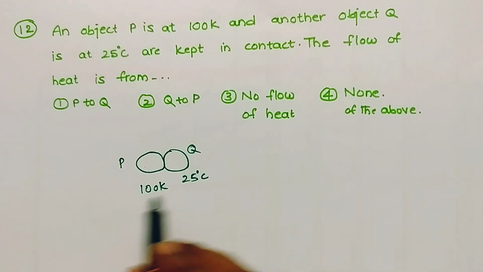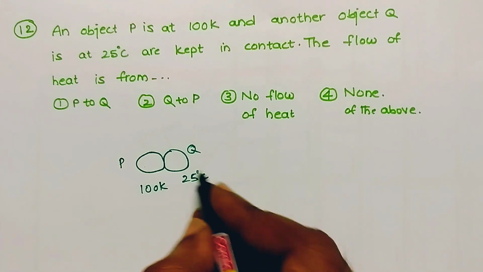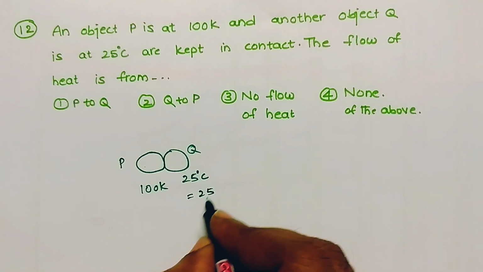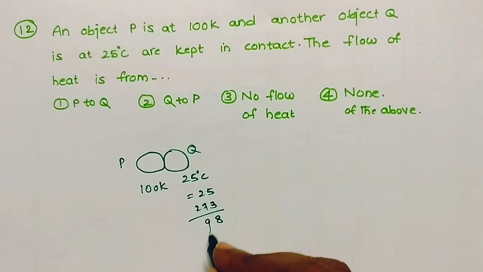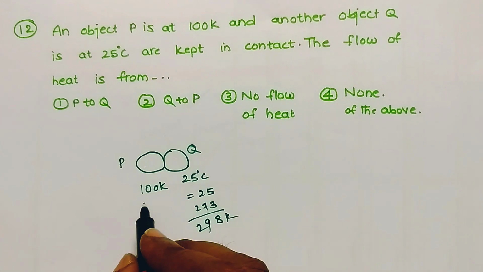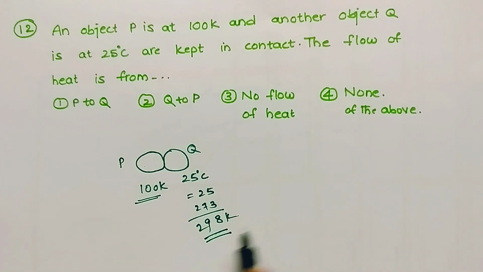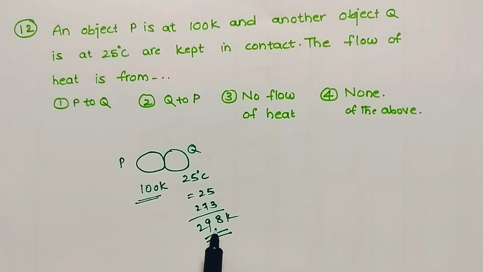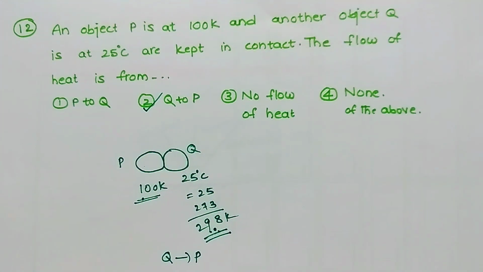These two are not in the same unit, so we have to convert centigrade into Kelvin. That means 25 plus 273, that is 298 Kelvin. So P is at 100 Kelvin, Q is at 298 Kelvin. Heat flows from a body at higher temperature to a body at lower temperature. That means heat flows from Q to P. So the second option is correct.